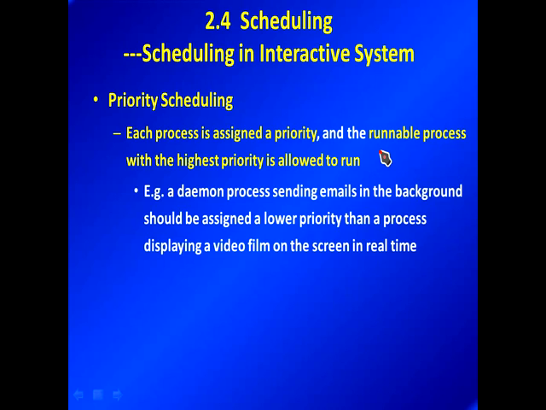If each process has a fixed priority, it means the process with the highest priority can always get the CPU. And for those processes with lower priority, it's less likely for them.